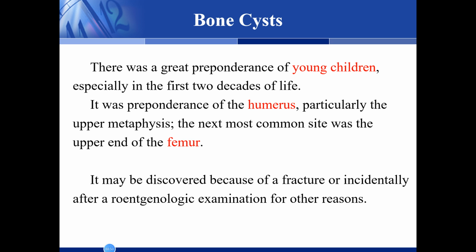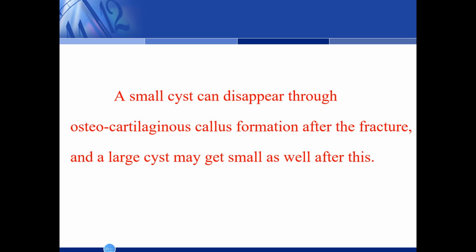It may be discovered because of a fracture or incidentally after an X-ray examination for other reasons. A small cyst can disappear through osteocartilaginous callus formation after the fracture, and a large cyst may get smaller as well after this.